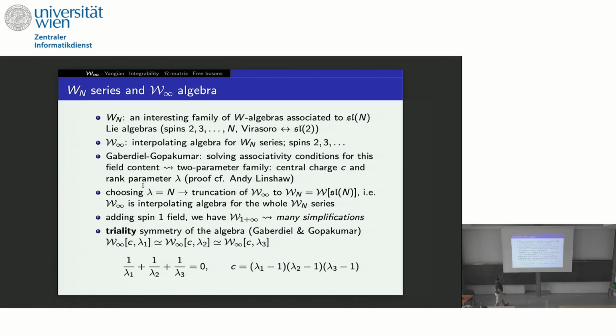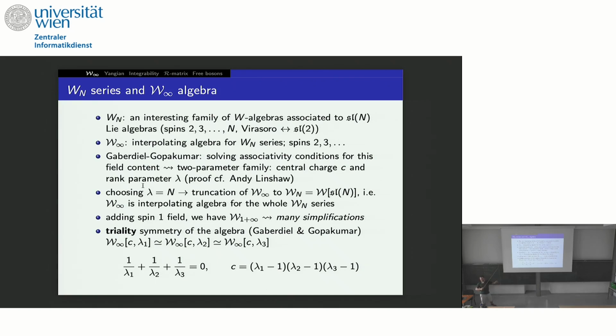For people who are familiar with these higher spin algebras, there is a similar construction where this SLN family can be interpolated with continuous, complex values of this rank parameter n. So it's a very analogous construction. And finally, for some things that I want to tell you in this talk, it's also convenient to add an additional spin 1 field, but this field can be decoupled.